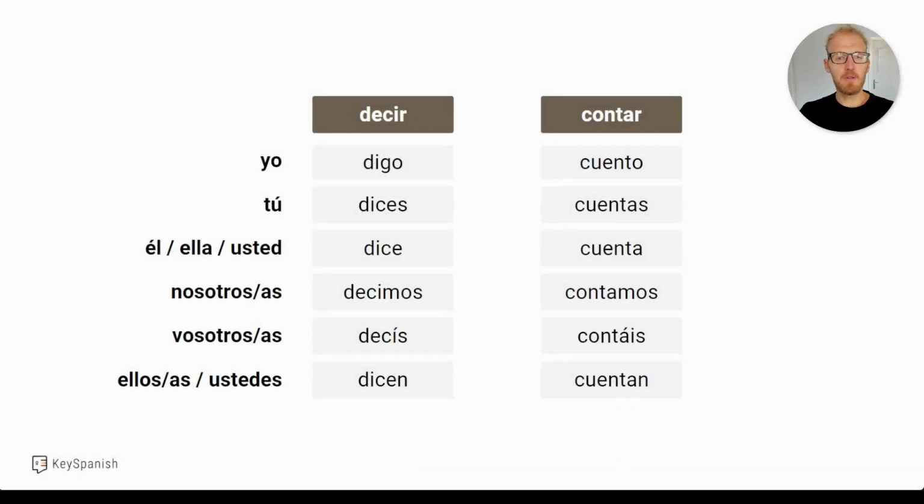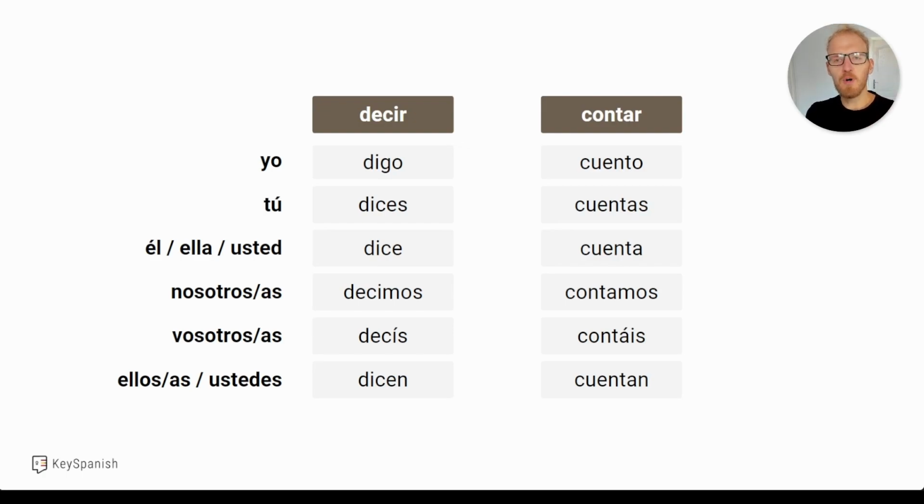And before we get into the rules, just quickly a glance at the conjugation of both verbs in the present and in the past. So decir, yo digo, is irregular in the first person, is one of those go verbs like salir, salgo. And tú dices, dice, decimos, decís, dicen. And contar is also irregular. It goes o to ue.